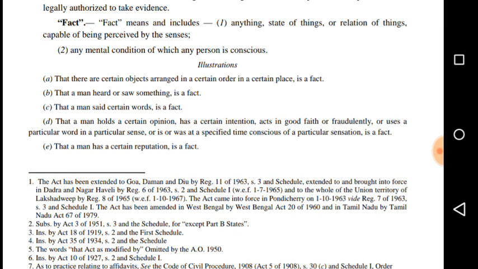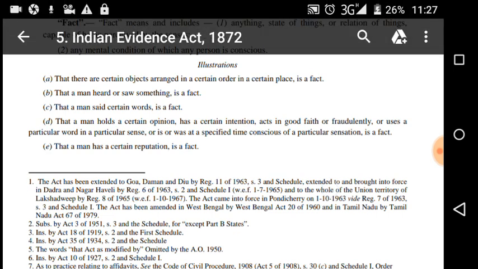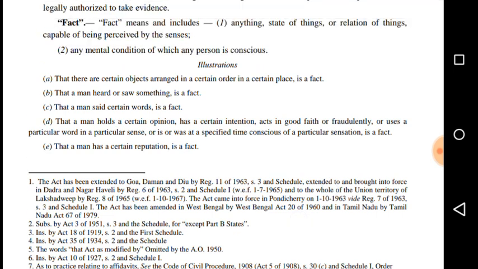I have certain intentions. The intention may be good or may be fraudulent. I am using certain particular words in a particular sense, or at a specified time, the time is here 11:27, conscious of a particular sensation. I am conscious of something, it is a fact.